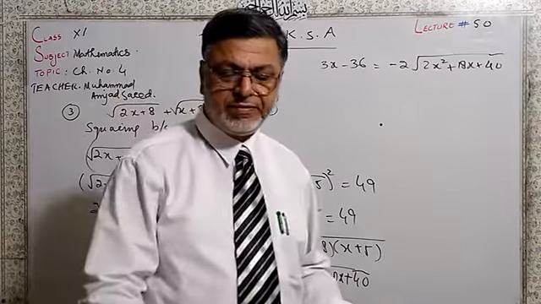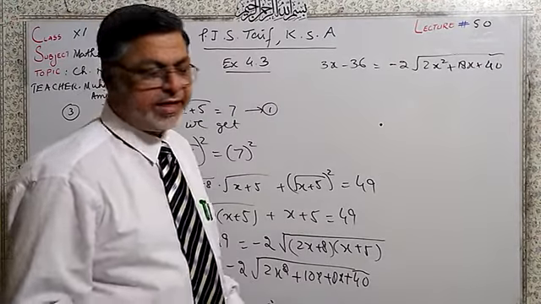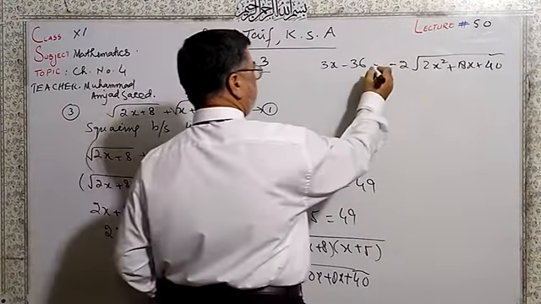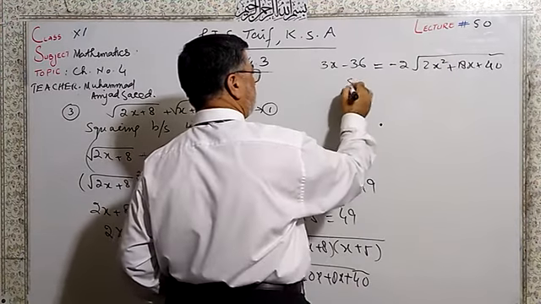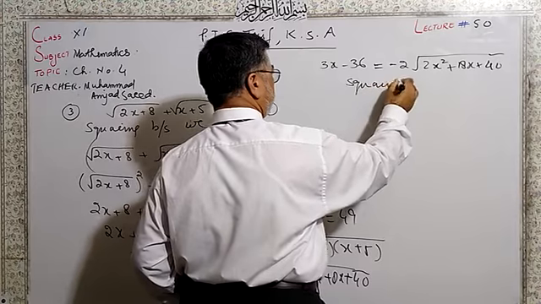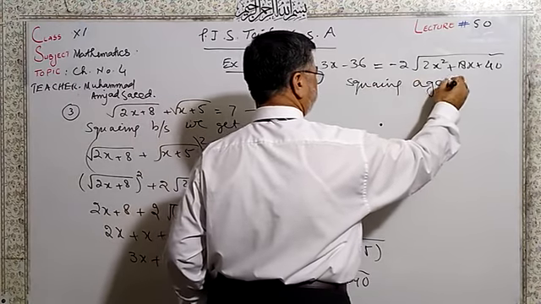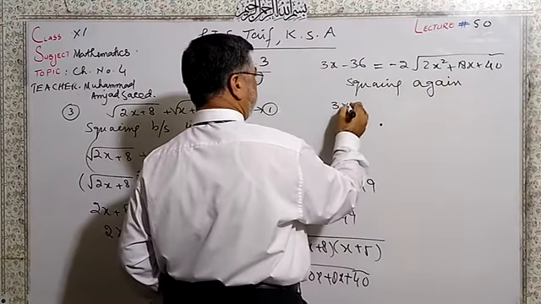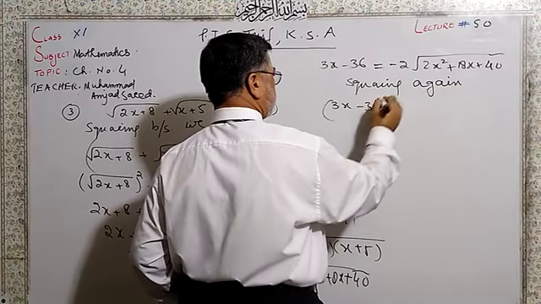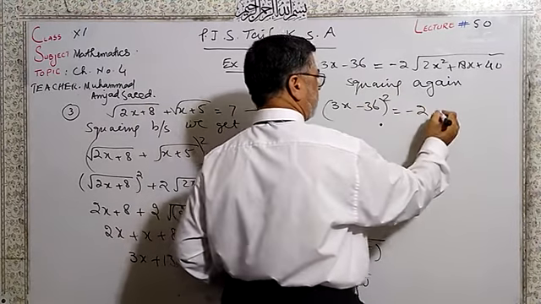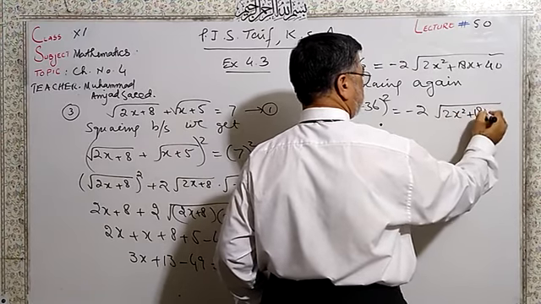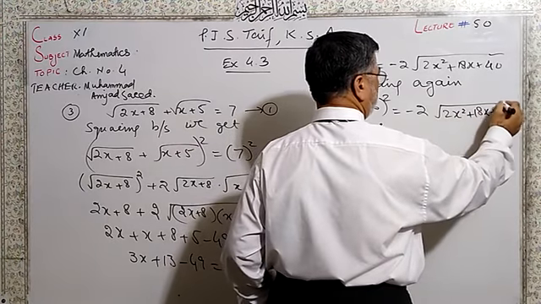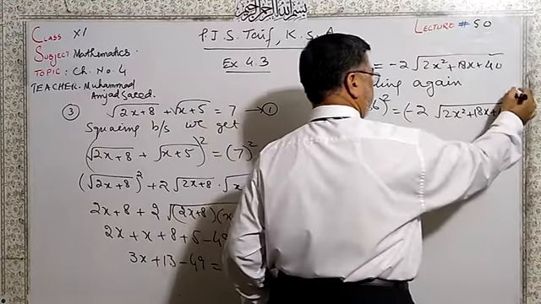Remember that we are squaring both sides again, so that we will finish this radical sign from the right hand side. Squaring again: 3x minus 36 whole square is equal to minus 2 into the square root of 2x square plus 18x plus 40 whole square.